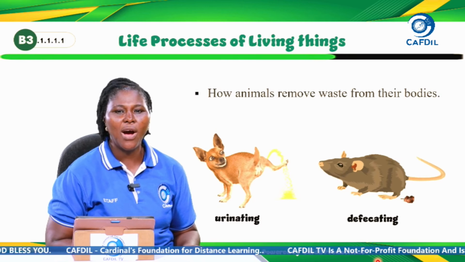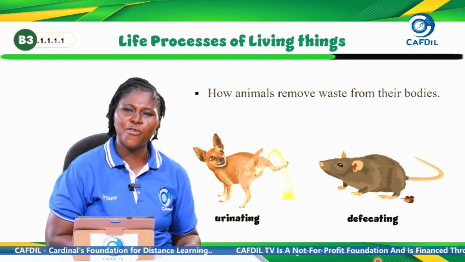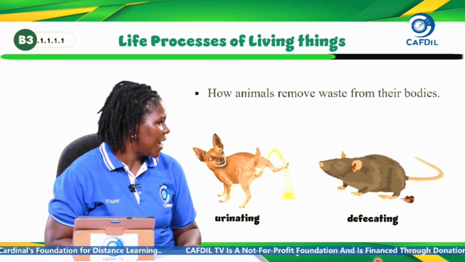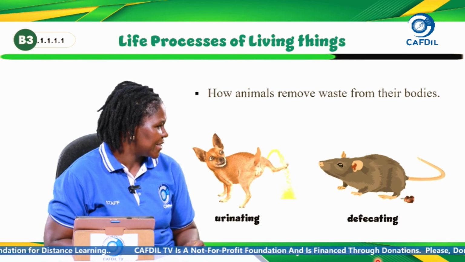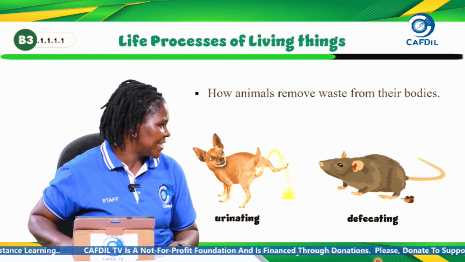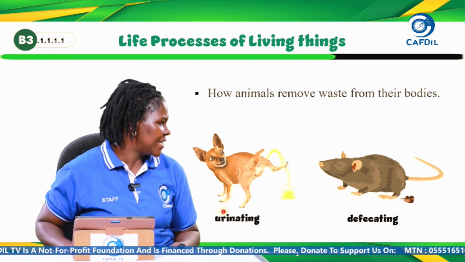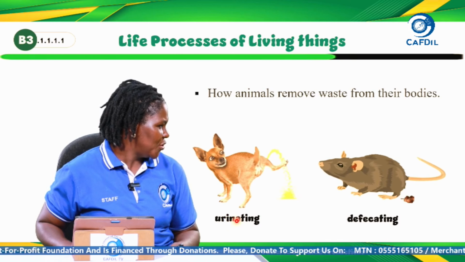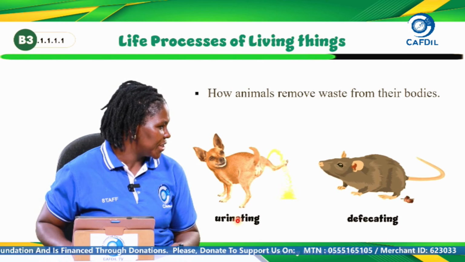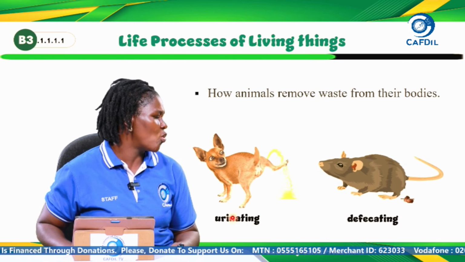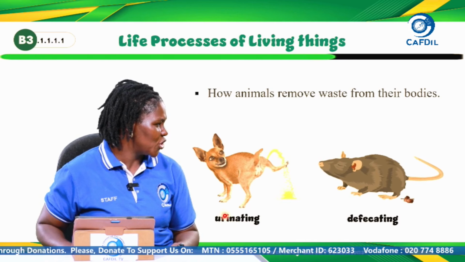Good. Now, how do animals remove waste from their bodies? Through urinating, as we can see the dog. The dog is urinating, removing the urine from the body. It is not good. If it stays in the body, it will cause harm to the body, so it should come out.